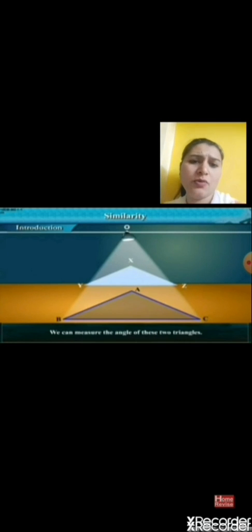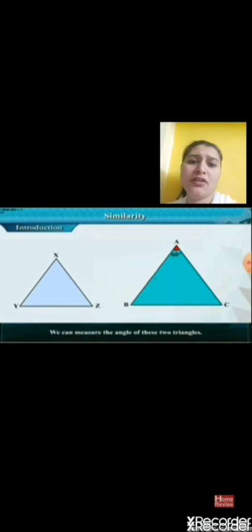To find this property, let me measure the angles. When we measure the angles with the help of protractor, A you will get 60, B 60, C 60. Same when I talk about X 60, Y 60 and Z 60.